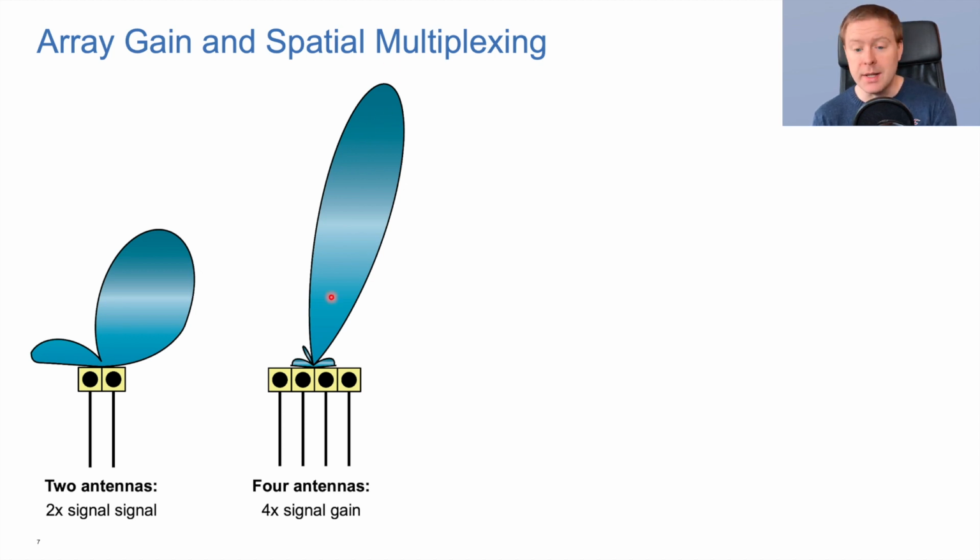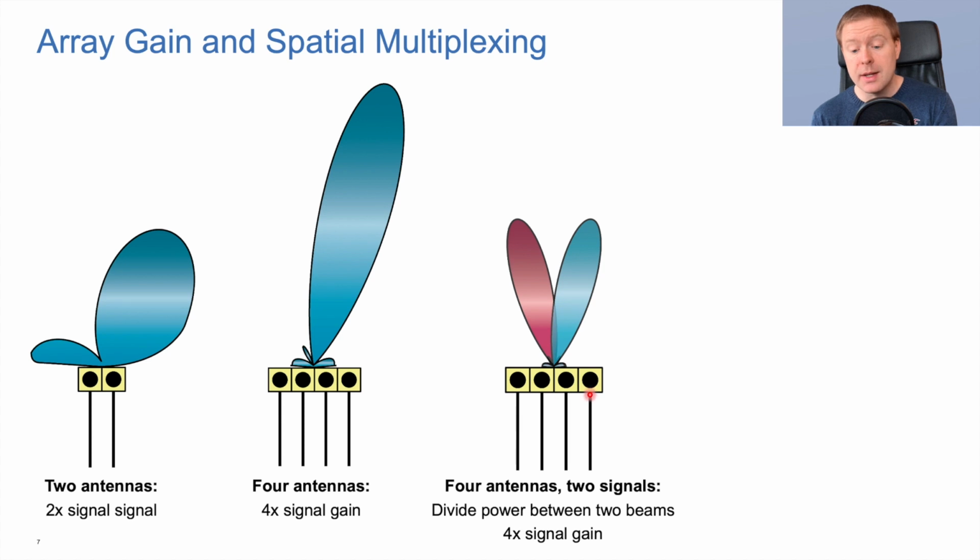If you have multiple antennas, what you can also do is transmit multiple signals at the same time. So in addition to the blue signal here, I can also transmit to another direction and create a red beam like this. That is created by sending a different signal from the blue one, from all the antennas, but with a different set of delays, so that we get constructive interference in this direction.